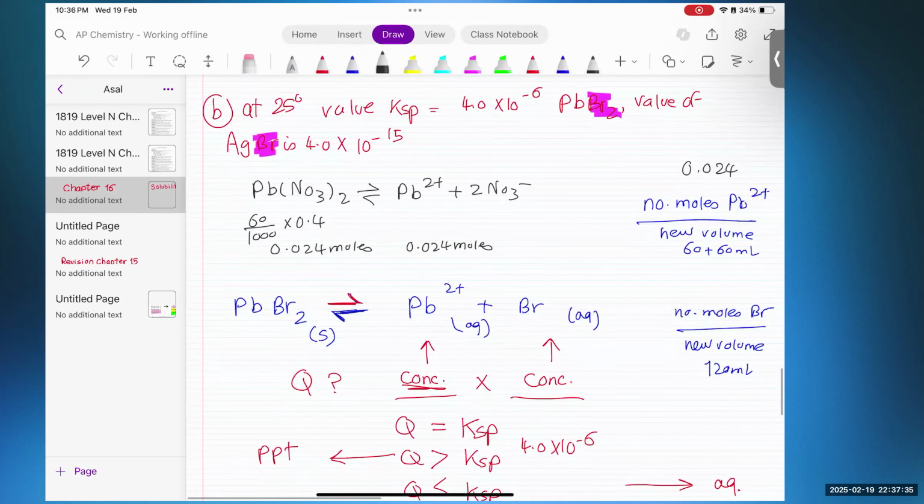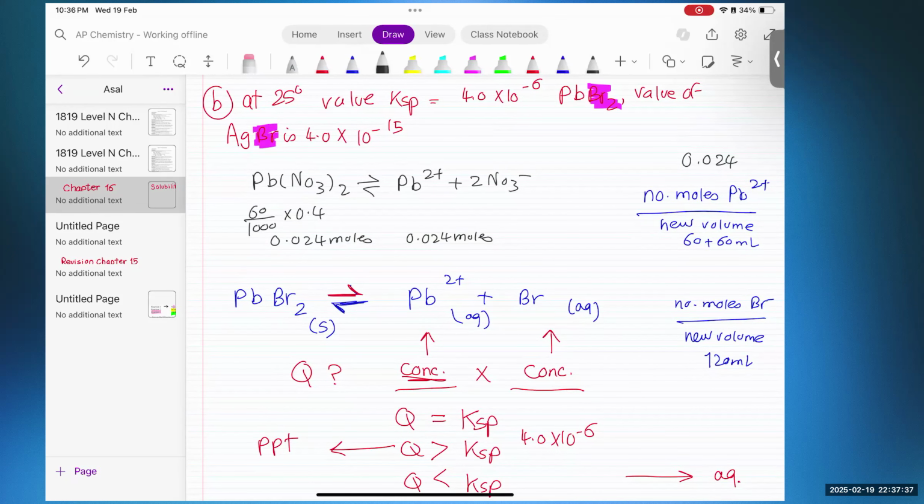Multiplied by the volume. I don't think the silver bromide value is related to the question at all.